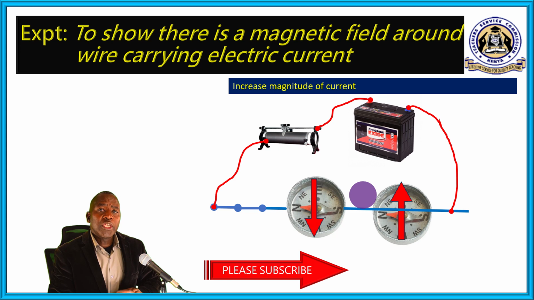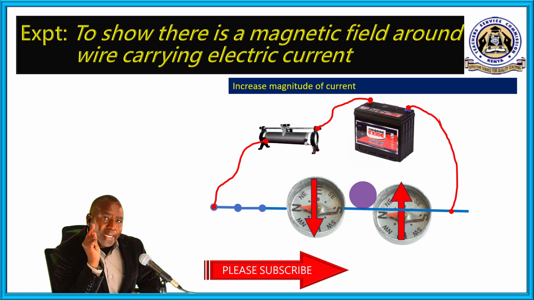They point in opposite direction, and that is evidence that the direction of the magnetic field lines below the wire and above the wire, they are different. They are in opposite directions. That is very, very important.